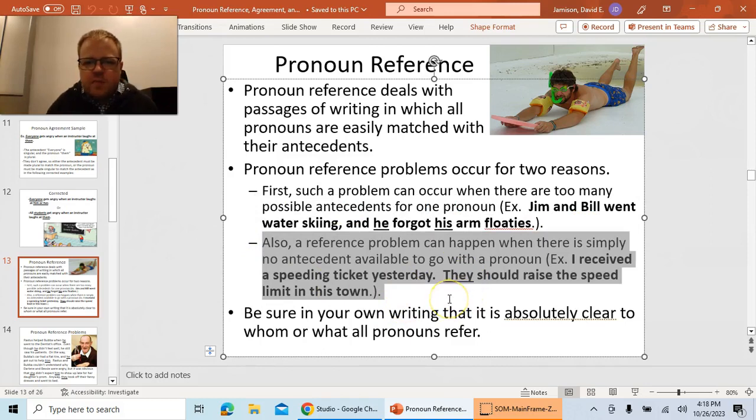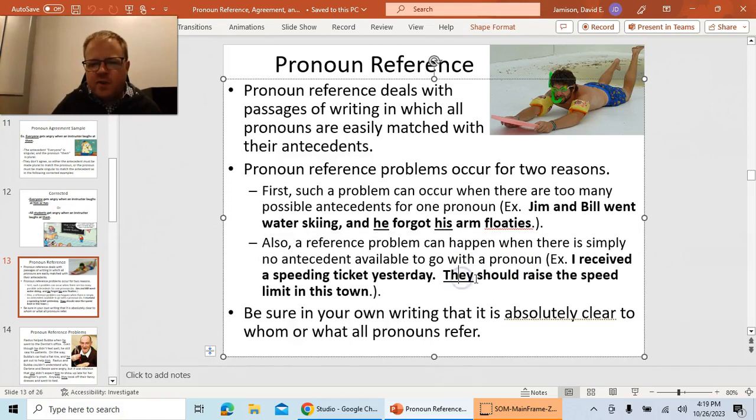Also, reference problems can happen when there is simply no antecedent available to go with the pronoun. I received a speeding ticket yesterday. They should raise the speed limit in this town. So the problem here, they is referring to somebody, but it isn't clear who.